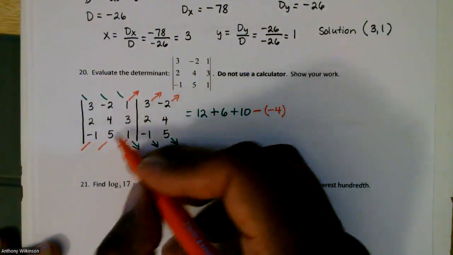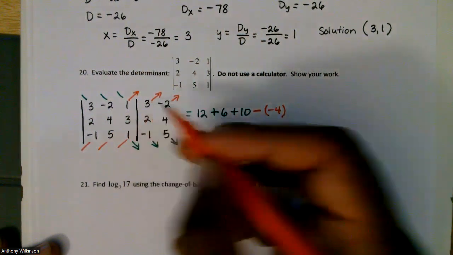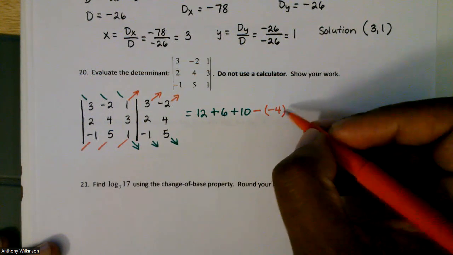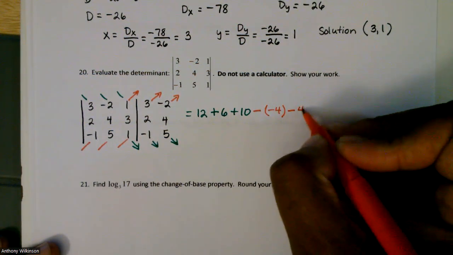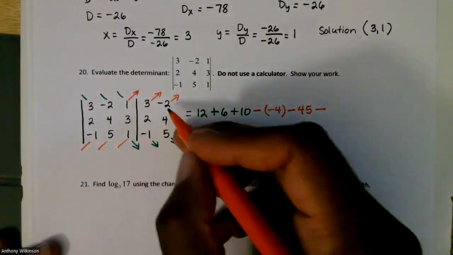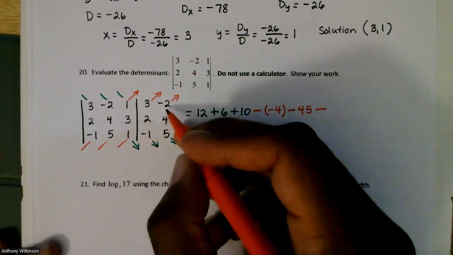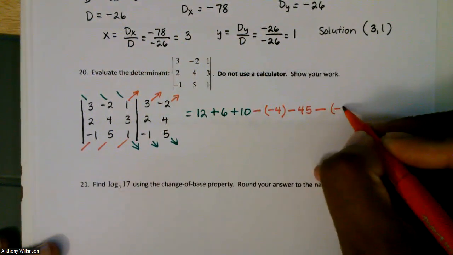And then for this diagonal, 5, 3, and 3, 5 times 3 will be 15. 15 times 3 will be 45. So I'm going to subtract 45. And then minus the product of this diagonal. 1 times 2, which will be 2. 2 times -2 will be -4.